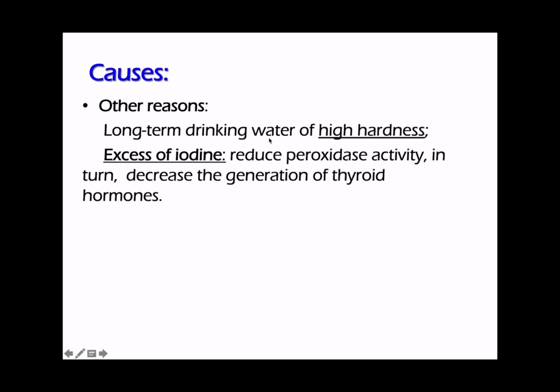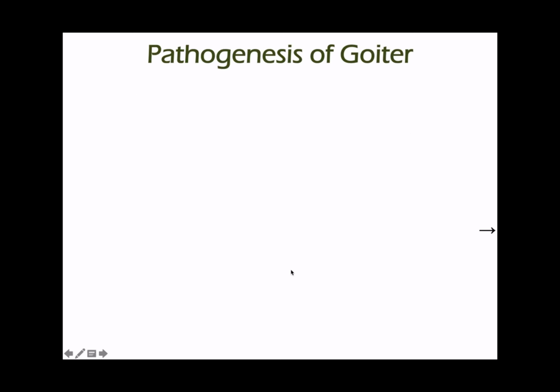Also, long-term drinking water of high hardness, meaning there are some other heavy metals in the water, will also influence the formation of thyroid hormones and thus cause goiter. And the other reason is the excess of iodine, because too much iodine will reduce the peroxidase activity, which in turn will decrease the generation of thyroid hormones.